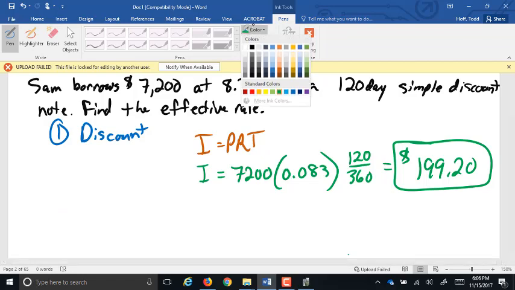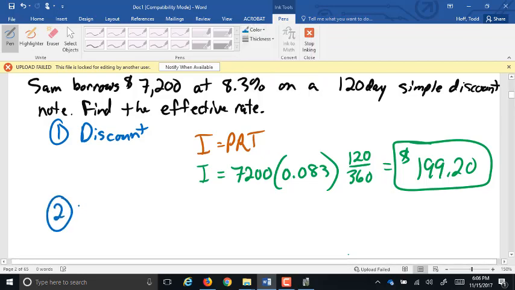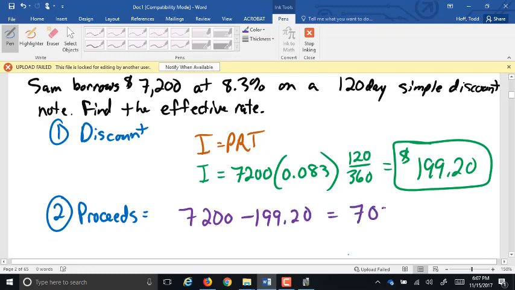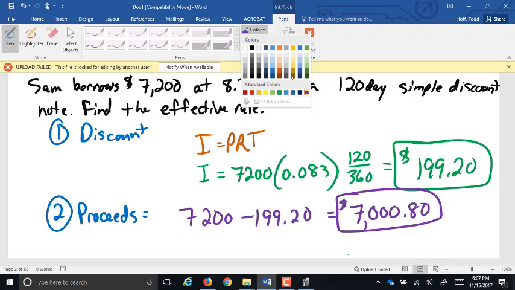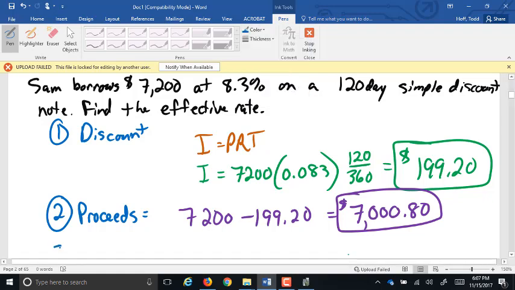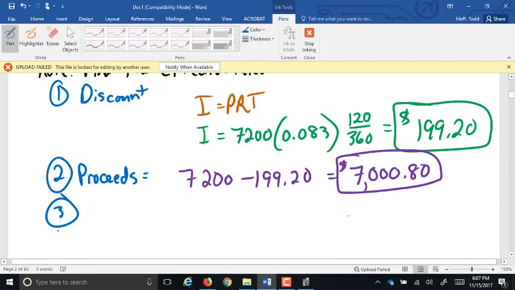Step 2 then is to find the proceeds. And we do that by 7,200 minus 199.20, which is $7,000.80. Step 3 then, from that information, is to find the effective rate.